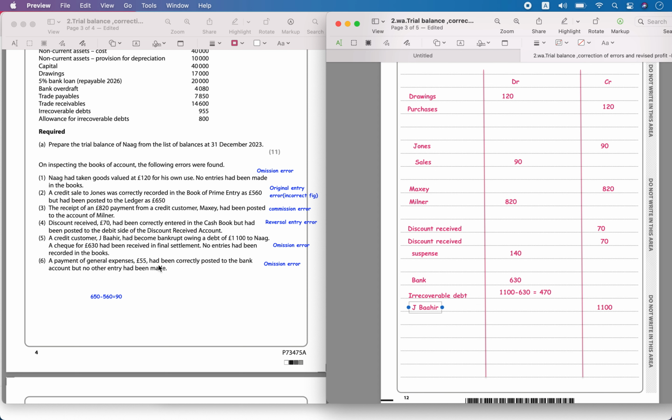Then a payment of general expenses 55 had been correctly posted to the bank account, but no other entry had been made. So what is the account that's getting affected? Bank and expense should have been there, but since bank is correct, it is the expenses account, and then you create a suspense.